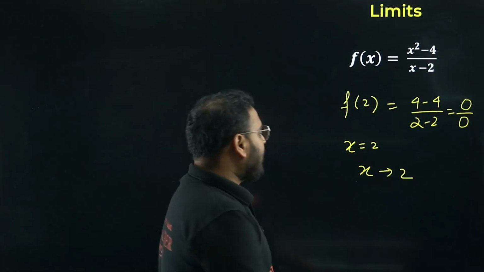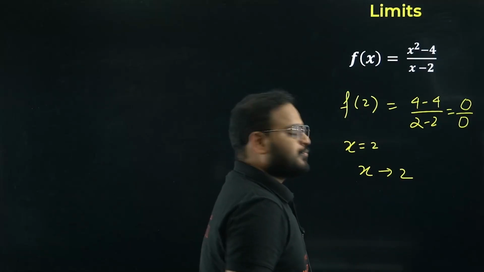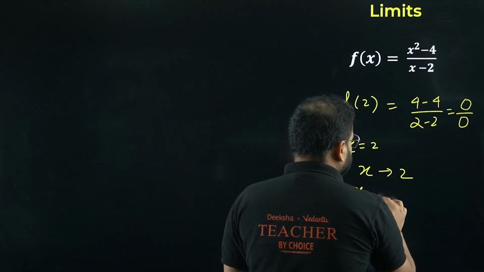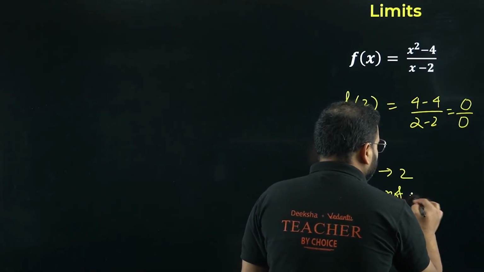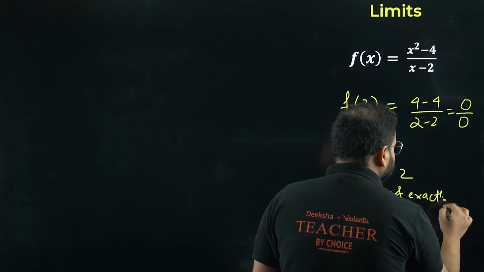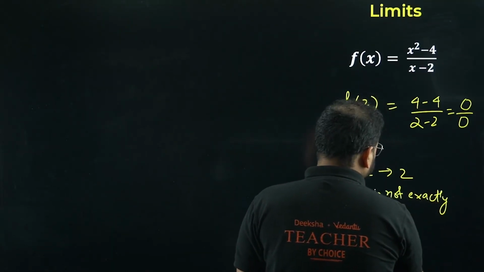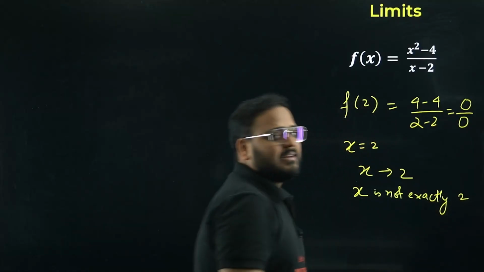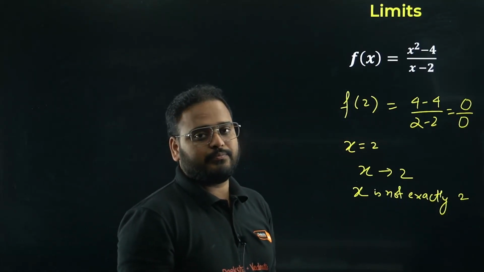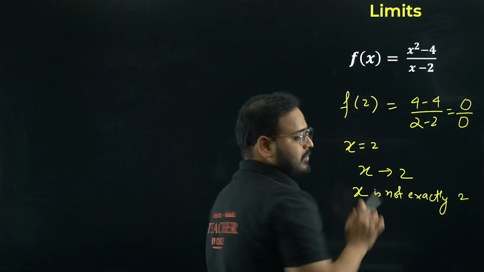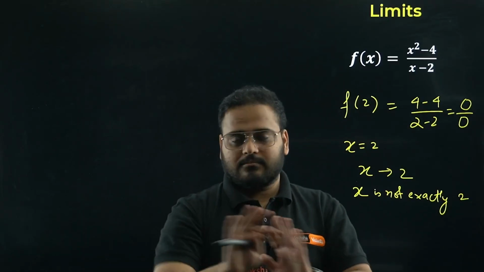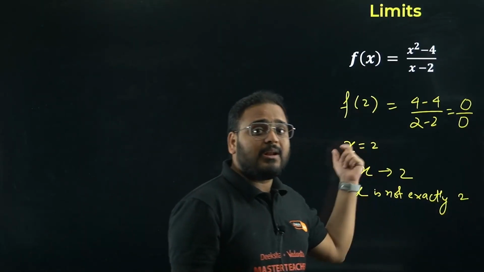Even though x is not exactly equal to 2, the limit value is always an exact value. Whatever limit value I get, I cannot say the limit approaches that. The x approaches 2 when the limit value is this.